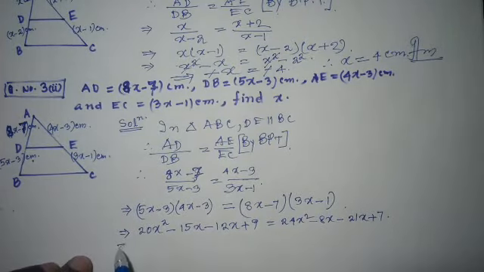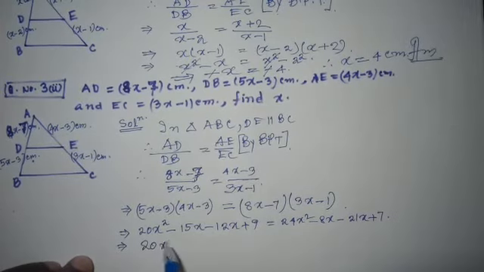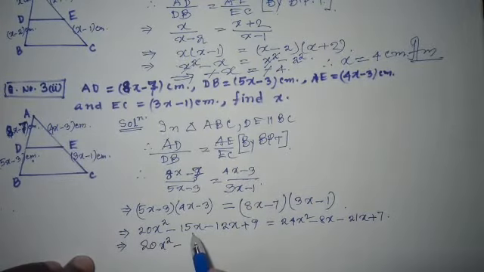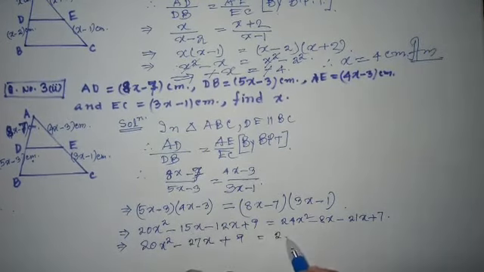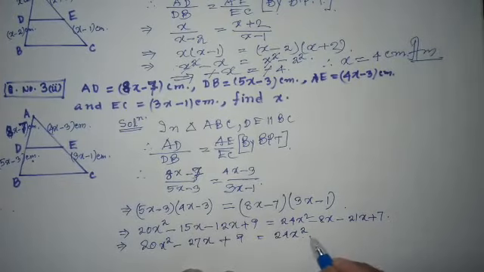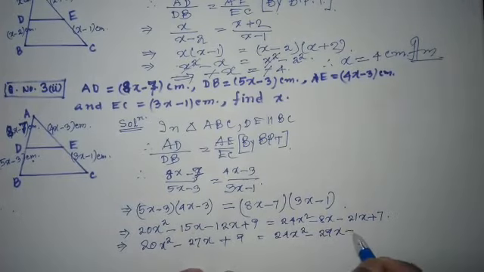And now 20x square, the similar terms we add: minus 15x minus 12x, these are like terms, add them, minus 27x, plus 9 is equal to 24x square, and similarly minus 8x minus 21x is minus 29x plus 7.